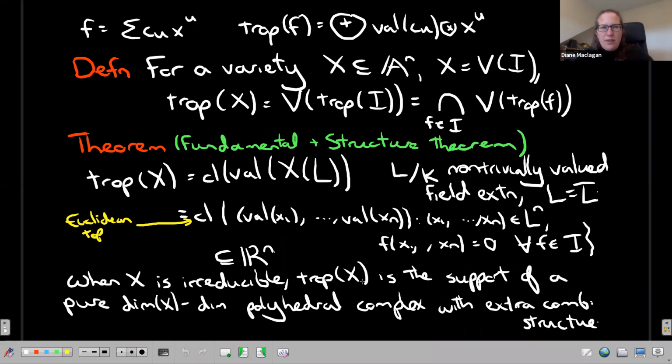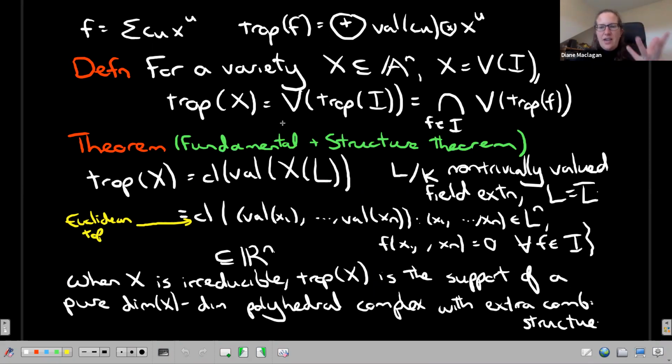Maybe the other thing I should say, to give you a chance to catch up, is to come back to Anna's question earlier about the quintic. I said yes, there is a tropical quintic formula. What does this theorem say about it? If your polynomial is your quintic polynomial, your variety is the roots of the quintic.